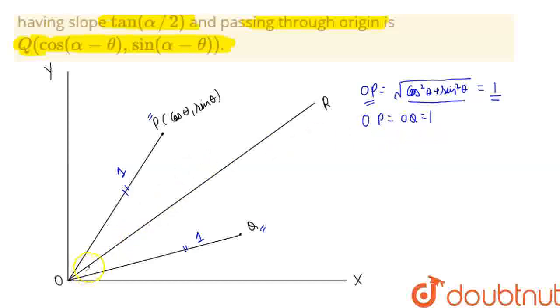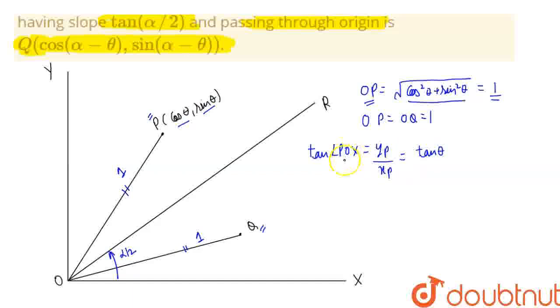Now since we are also given the slope of the line OR, that is tan alpha by 2, so this angle would be basically alpha by 2. Now if we apply tangent of the angle POX, then we get from the figure tangent of angle POX would be basically the y coordinate of the point P divided by the x coordinate of point P, that is sin theta by cos theta, that is tan theta.